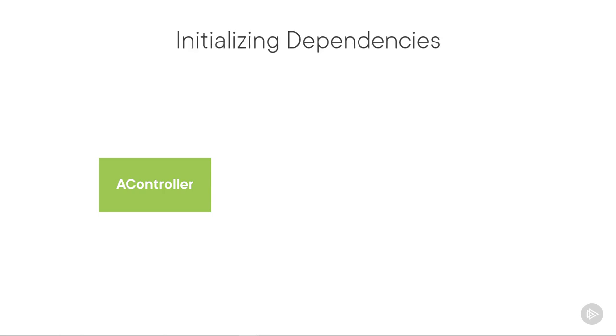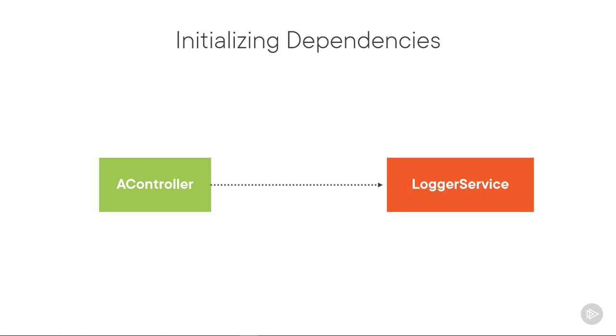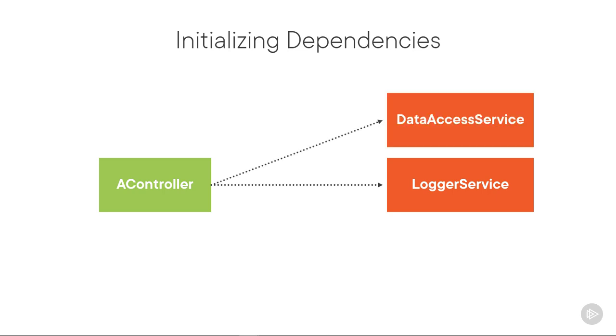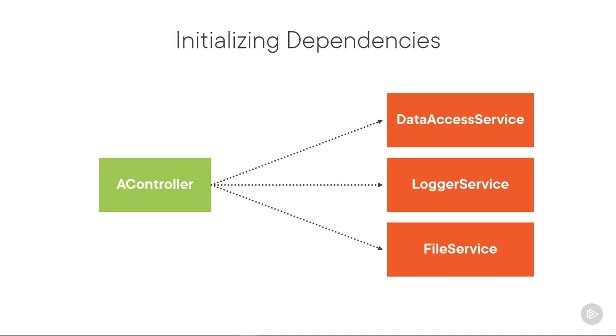And next to the Logger Service, the class may want to do data access, and that functionality is available in the data access service. And perhaps it also wants to read a file, and that is available through the file service class. I hope you see where I'm going here. When I want to create a new instance of the aController class, I will be responsible for creating all these other instances. That can get quite heavy.